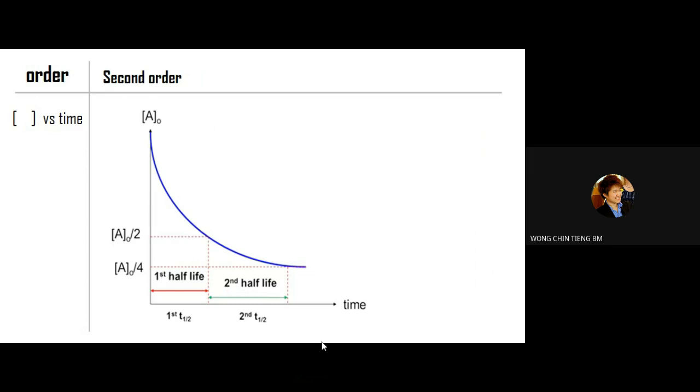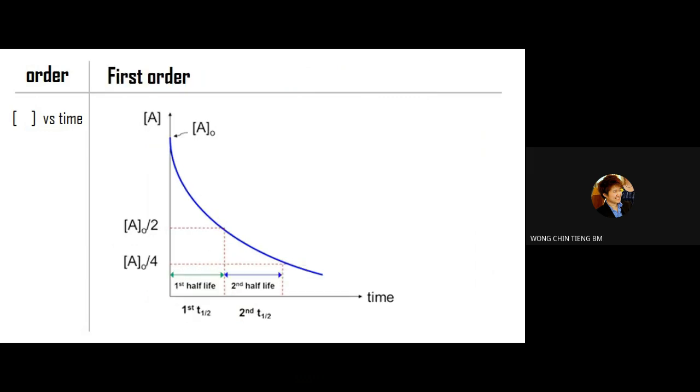Sebab tu concentration versus time, graph ni kita panggil half-life graph also. The rules adalah exactly like the one that we learned. Kalau dia second order, the second half-life will be equal to double of the first half-life. So you can see over here, that is the first, that is the second. So dia double lah, dia lebih.